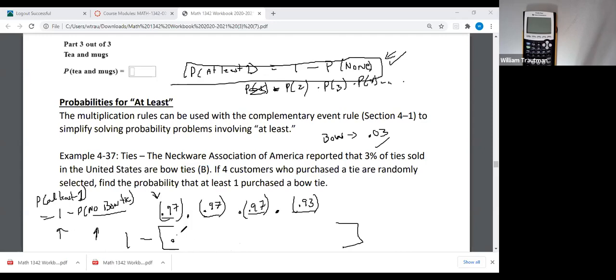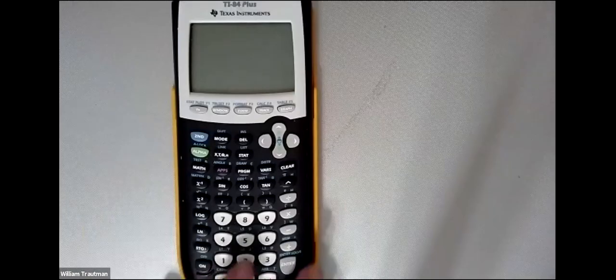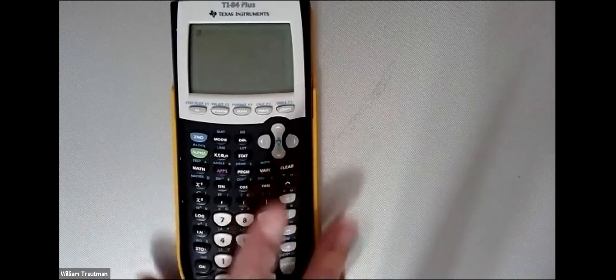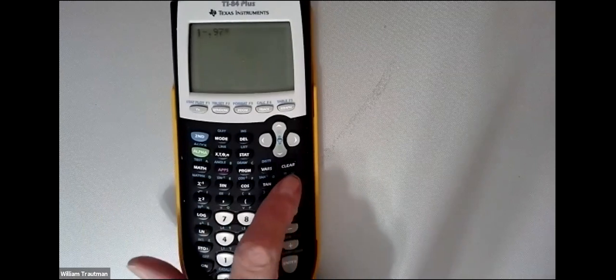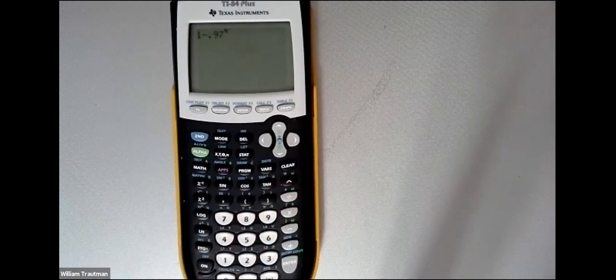So I'm going to put this in my calculator: 1 minus 0.97. Let me come back up here and show you how to put that in your calculator. 1 minus, do you see it was 0.97 to the 4th power? 0.97 times 0.97, but I'm just going to raise it to the 4th power.